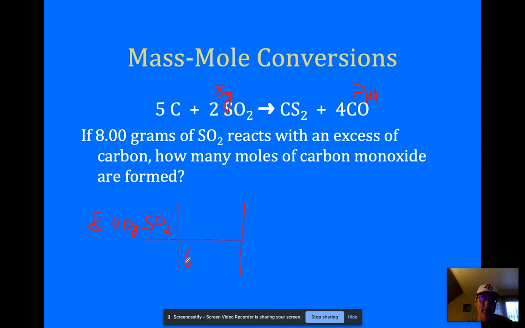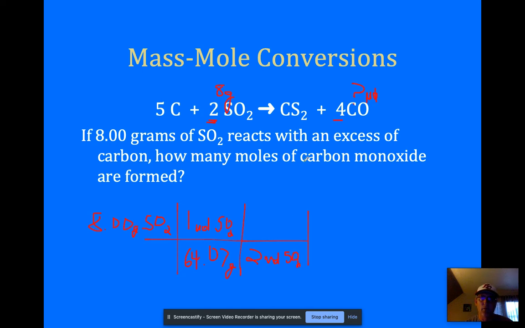So that goes on the bottom, 64.07 grams in 1 mole of SO2. Remember, regardless of what the balanced equation says, when you're doing a gram to mole conversion, it's always equal to 1 mole. Okay? And then now we go for every 2 moles of SO2. That comes from the balanced equation. 2 mole of SO2.